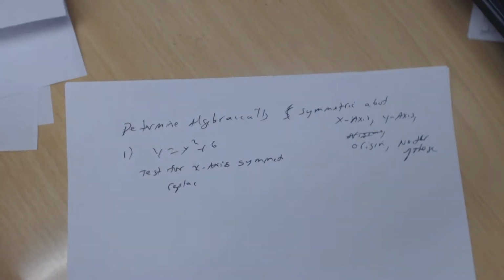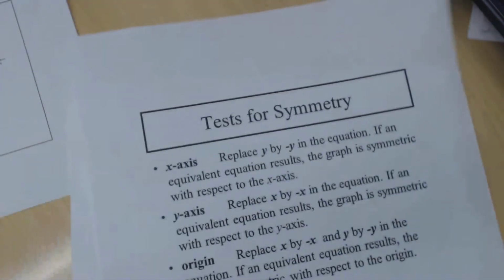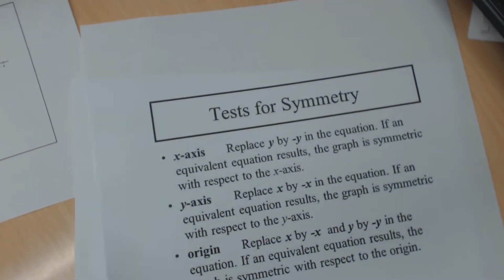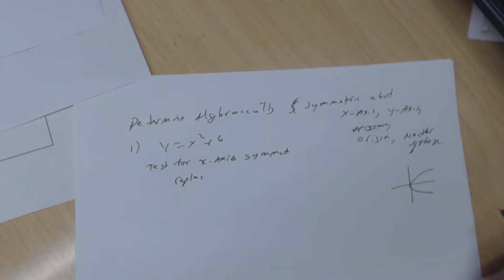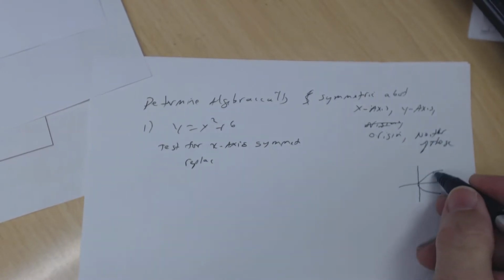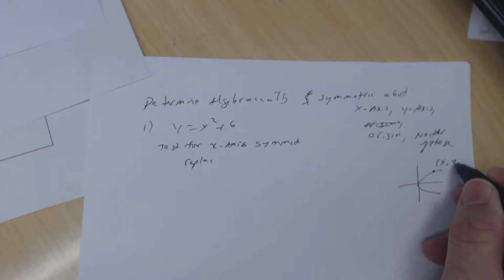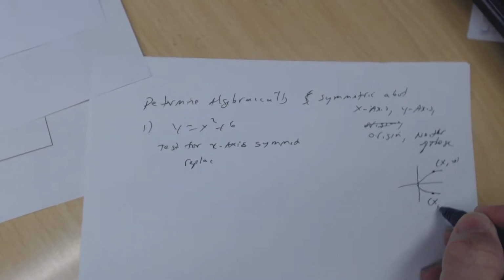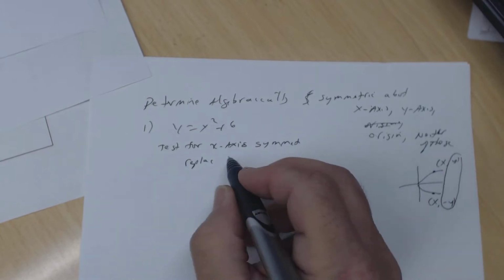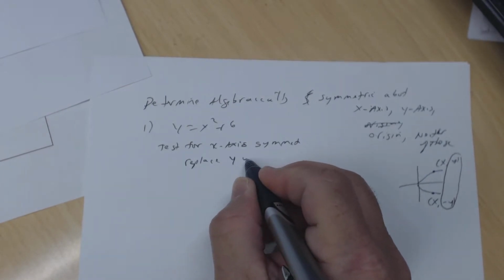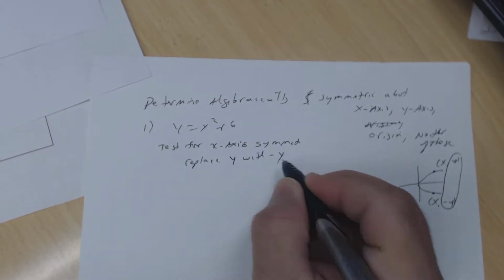If you can't remember this, it's easy to figure out. So in your mind you have this graph symmetric about the x-axis. So if this is the point x, y, then this is the point x, negative y. So basically you're going to look at these, because those are the ones that are opposites. These are the same. So replace y with negative y.